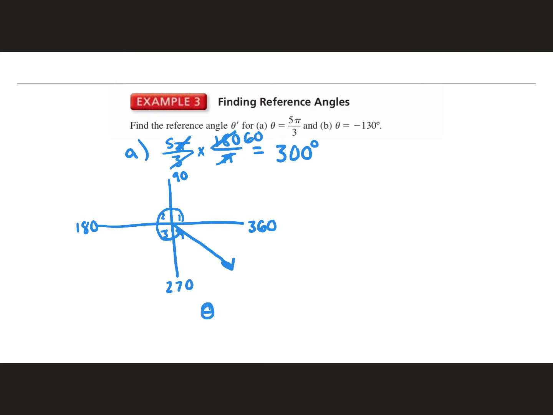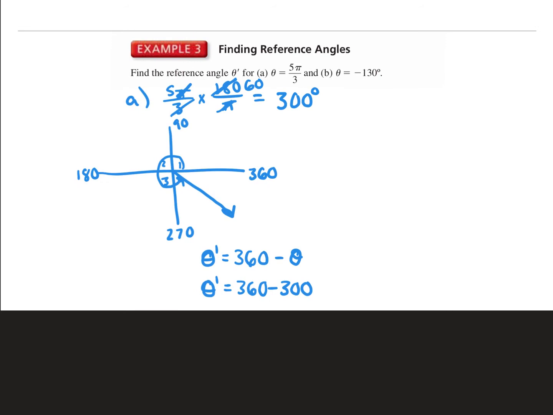Remember, if we're in the fourth quadrant, we do 360 minus theta, where theta is the angle we're talking about. So we have 360 minus 300. What's 360 minus 300? 60. Is 60 degrees acute and positive? Yes.